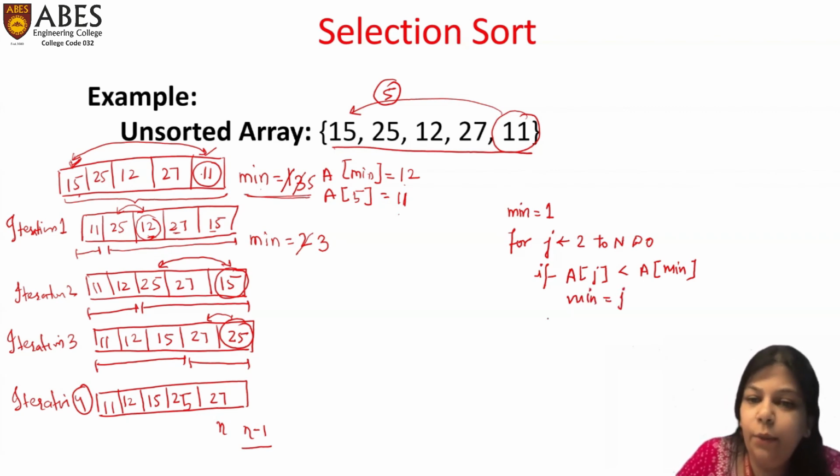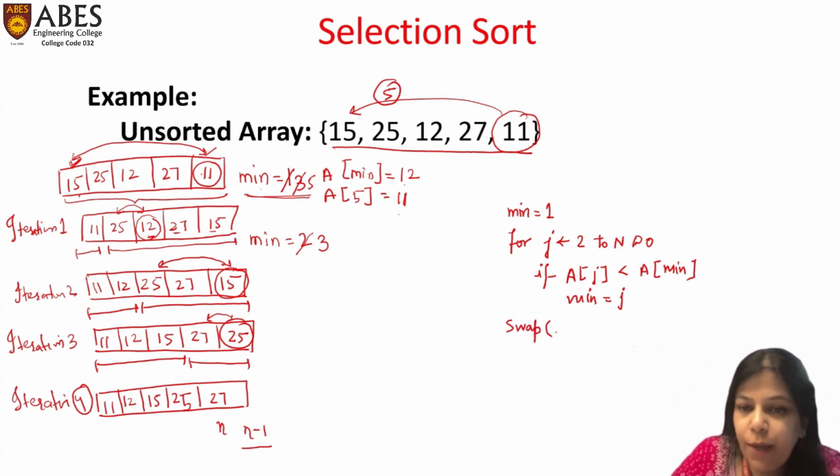So minimum will get the value j. That's it. And when we came out of this for loop, we have simply swapped A of 1, that means the beginning of the unsorted array, with A of minimum. We have swapped these two elements of the array. That is what we have done.